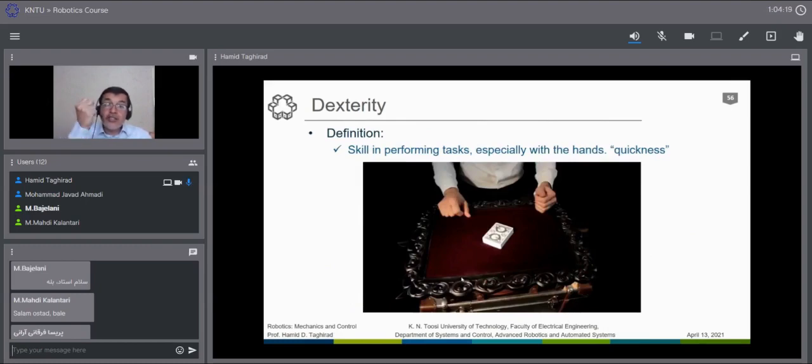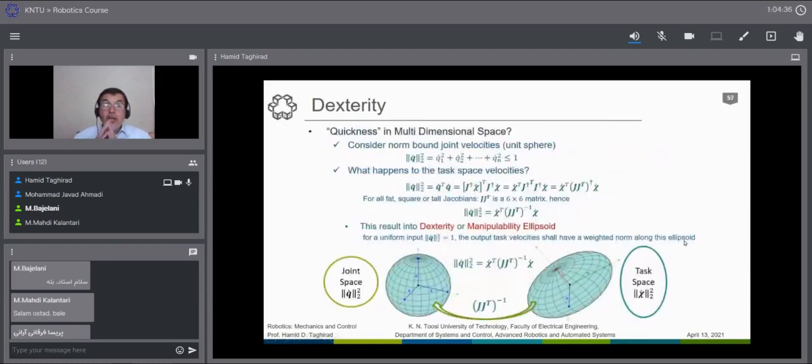And this quickness shall be defined and related to the Jacobian. It is defined with the Jacobian. Now, let's see how we can define it. We call it the quickness.